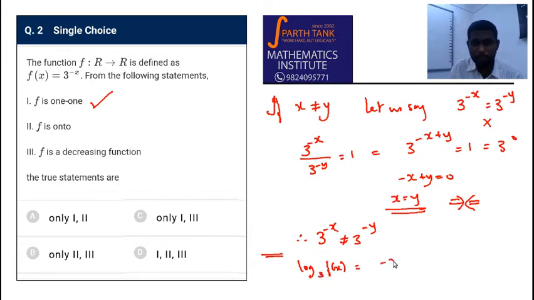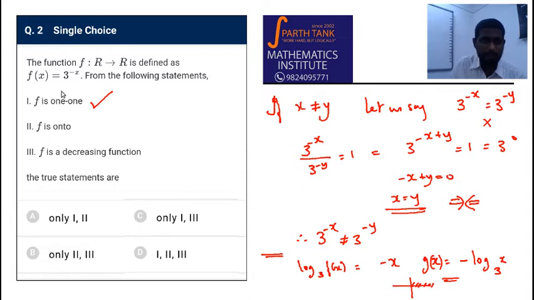So that would give you minus x, or x is equal to, let us say g of x is equal to minus log x base 3, which is the inverse function. Now logarithm, you always know, is defined only for positive values. Right? Therefore this function is not onto.